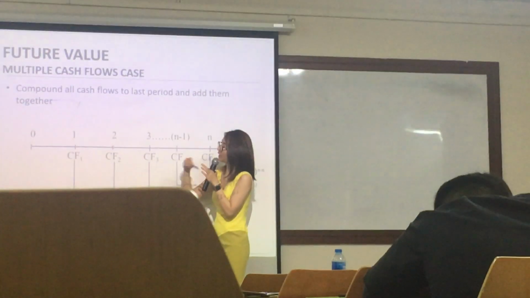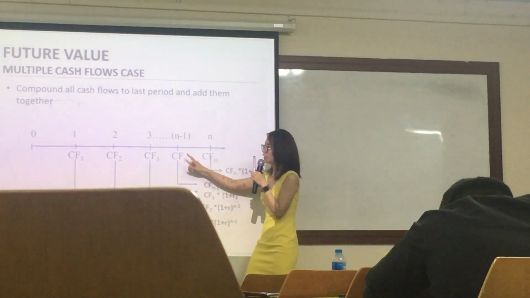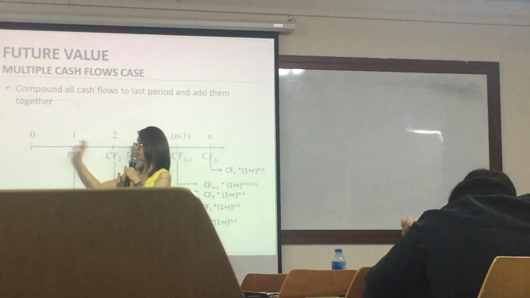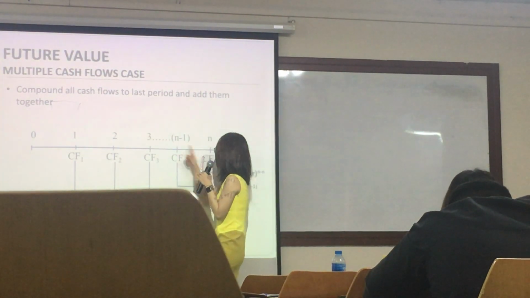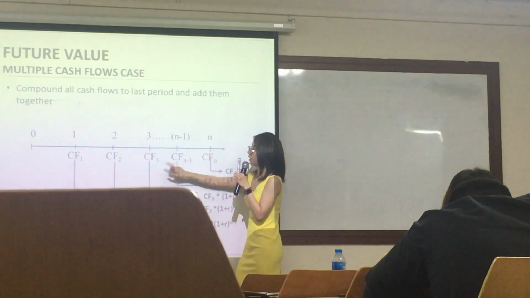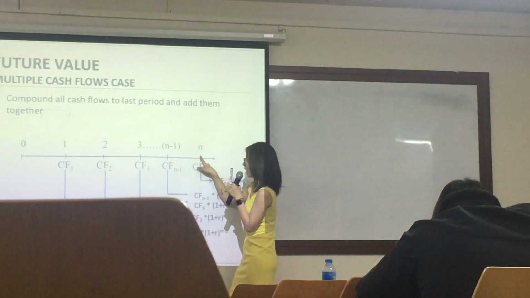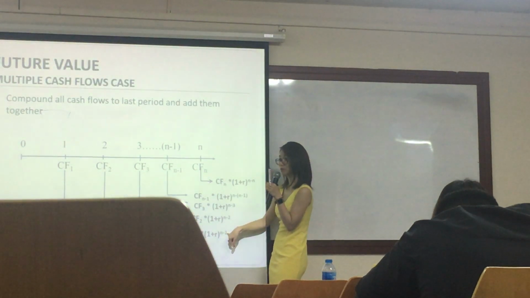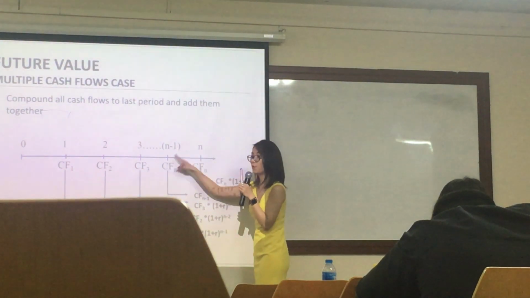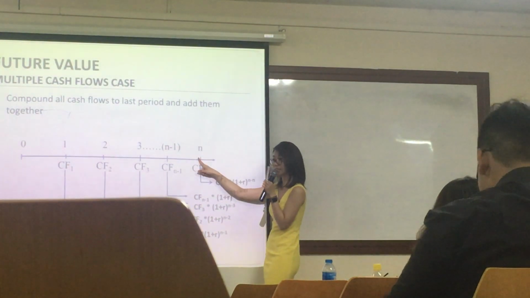And the multiple cash flow case is similar to the single case. If you want to find the future value, you convert it forward into the future. How many periods is it from period 1 to period n? You multiply by (1 + r) to the power n minus 1, because you compound it for n minus 1 periods from period 1 to period n.